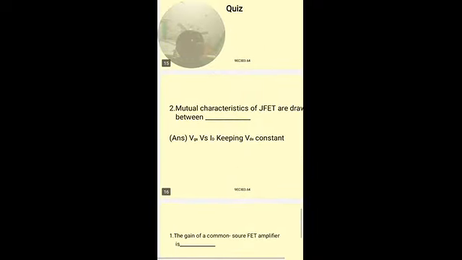Some quiz questions. Mutual characteristics of a JFET are drawn between VGS and ID, keeping the drain to source voltage constant. The gain of the common source JFET amplifier is AV is equal to GM into RD.